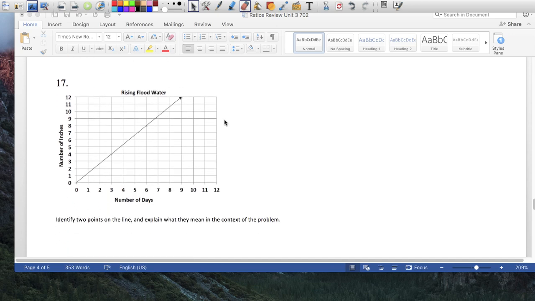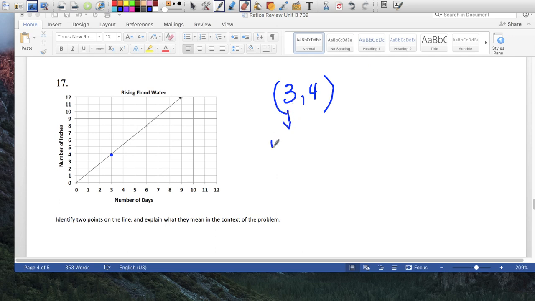17. Identify 2 points in the line. Explain what they mean in the context of this problem. Okay, so pick two points, and I would pick 2 easy points. The first point that I see that's easy is this one. It's exactly on the intersection there. So point 3, 4.